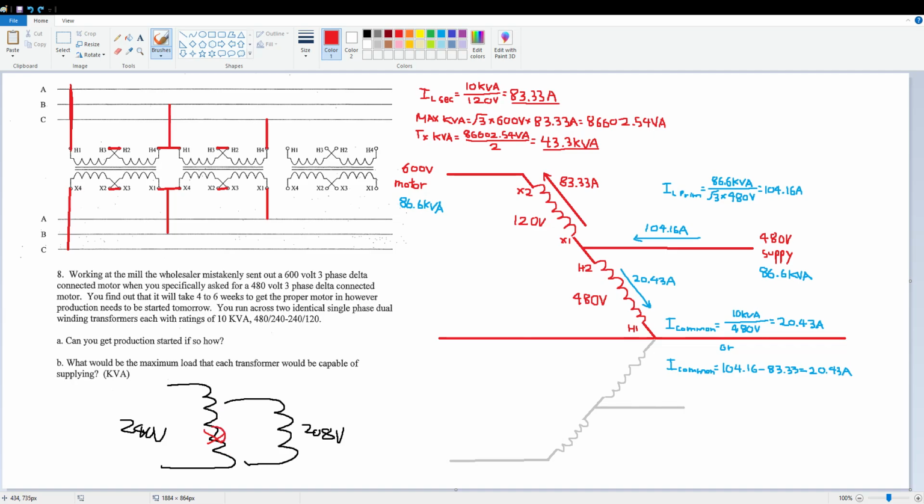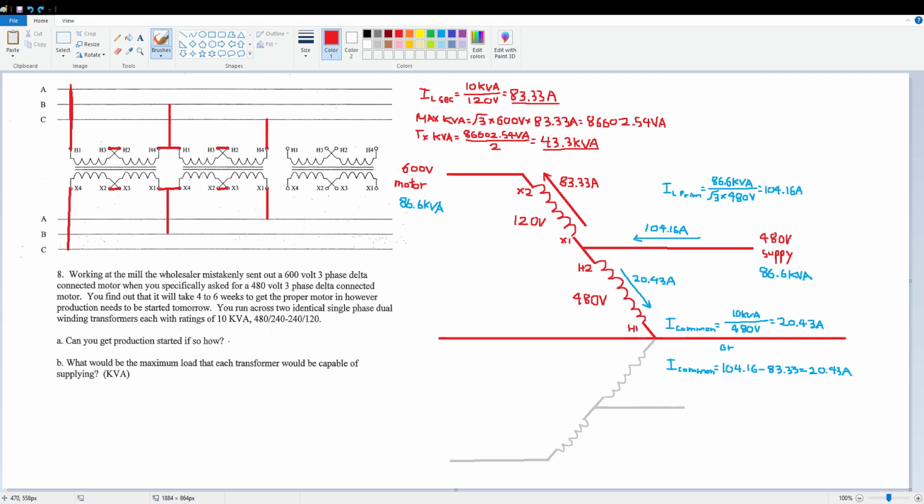Since this is open, there's no flux in this winding's core, right? So that means there's no cancellation of flux. So this smaller winding is actually going to induce its flux into the larger winding's core, which will induce a high voltage through this portion of the winding, and then it will allow high voltage to break across this open, and that's another danger of an auto transformer.